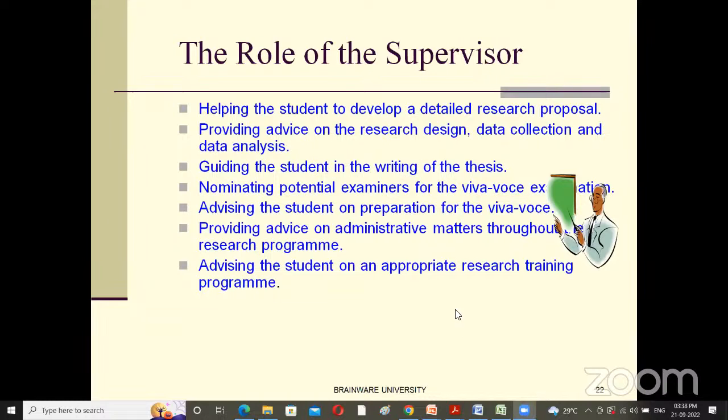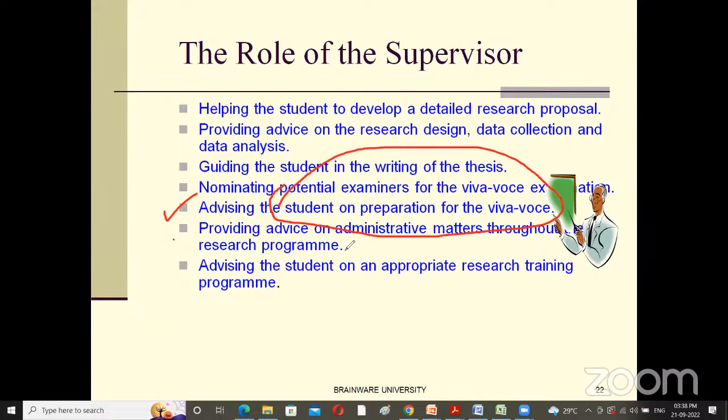So the supervisor is again advising the student on preparation for the viva voce. This is the only examination where the examiner, that is the supervisor, informally helps the student in getting prepared for the whole examination.